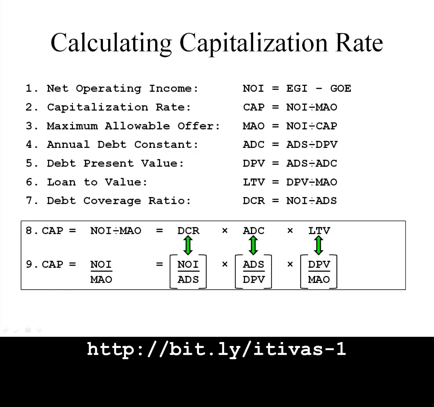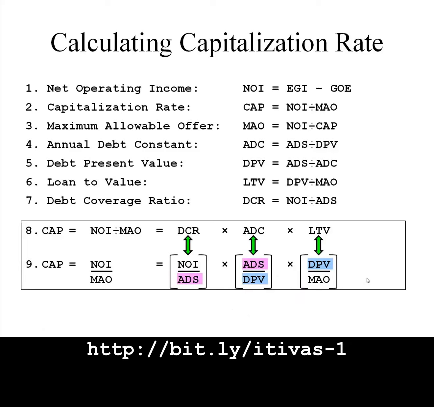You can see here through simple substitution, the debt coverage ratio is the net operating income over the annual debt service. The annual debt constant is the annual debt service divided by the debt present value. The loan-to-value ratio is the debt present value divided by the maximum allowable offer.